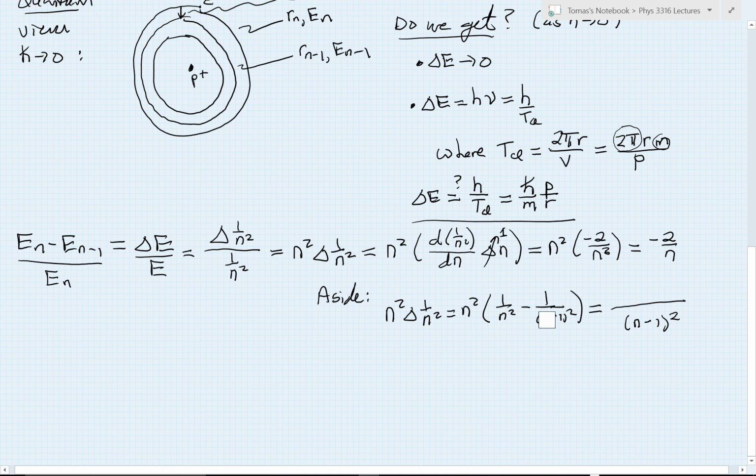In my numerator, I then get the difference between these two terms, and when I square them out, the n squares will cancel, and I'll be left simply with minus 2n plus 1. And I think you can see very easily that if n becomes very large in that limit, these constants here become negligible.